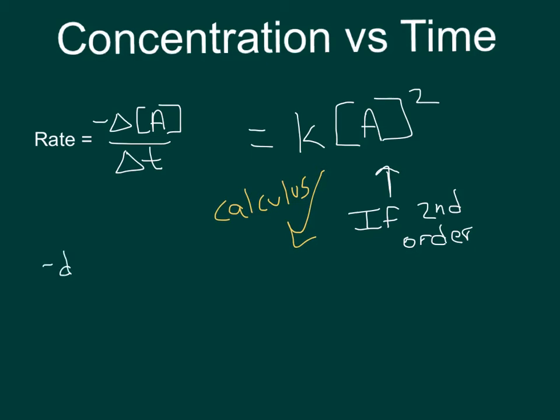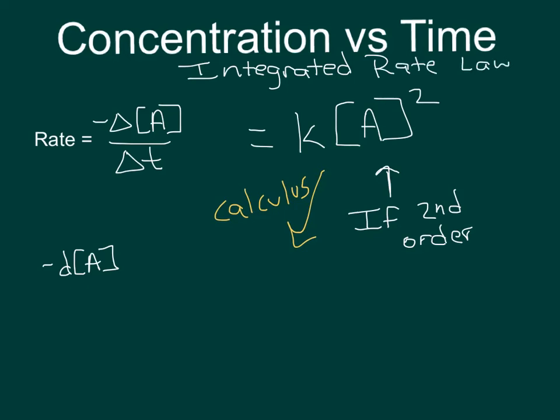In fact, these particular problems make use of something called integrated rate laws because the equations we use are derived through integration. For those of you that care at all where these come from, I'm going to rewrite rate as equal to negative dA over dt equals k times A squared.